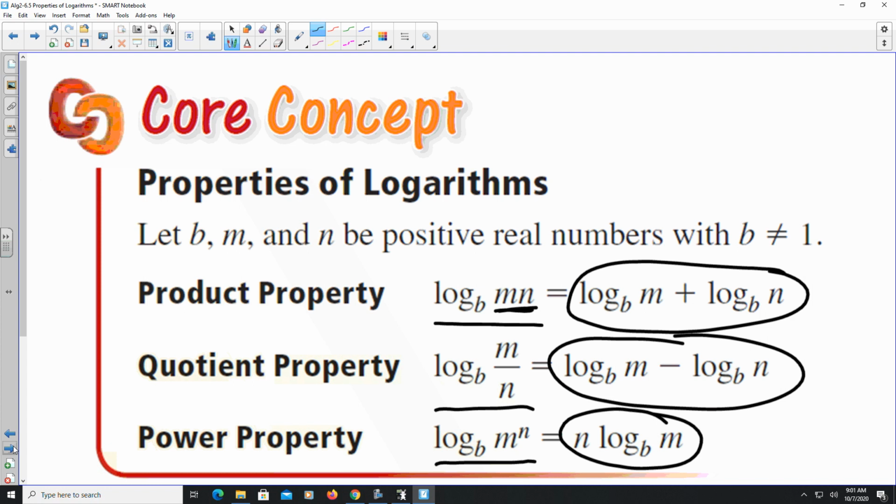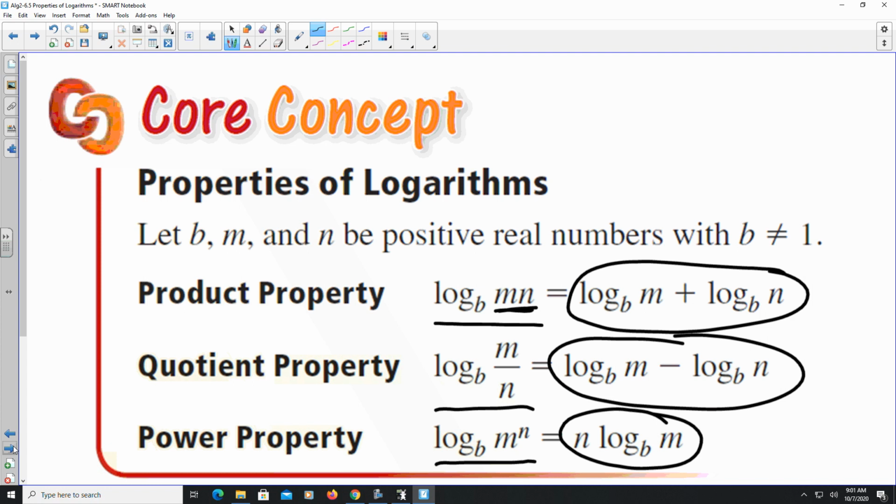So log base b of m times n is the same thing as log base b of m plus log base b of n. The quotient property states that if you have a log base b and a fraction or division, m divided by n, you can subtract and make them two separate logs.